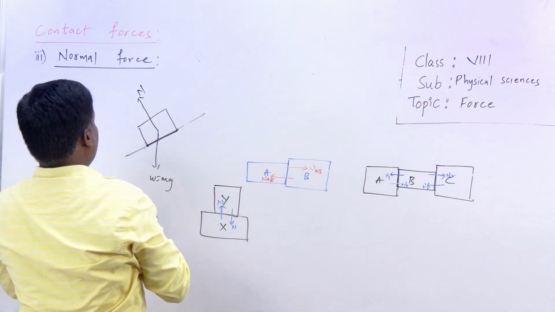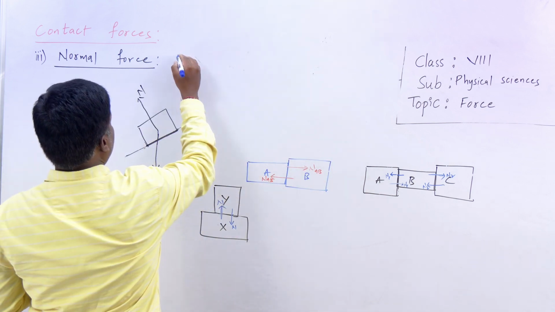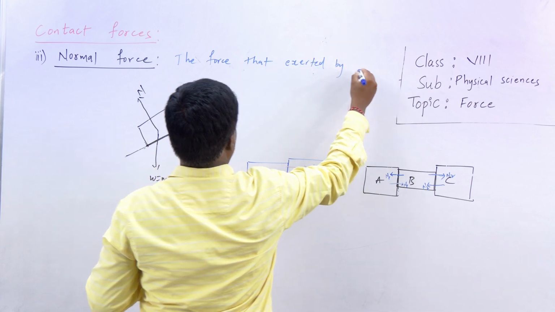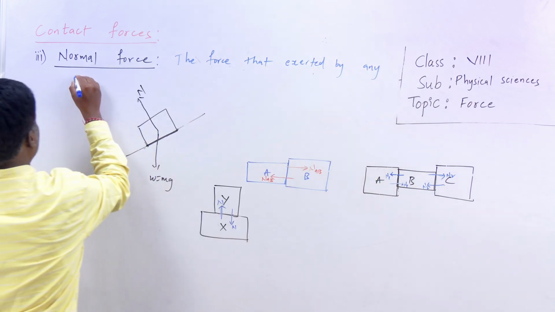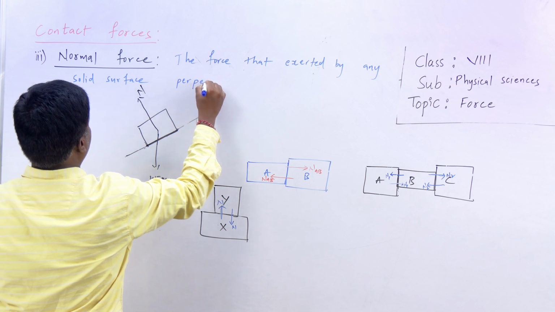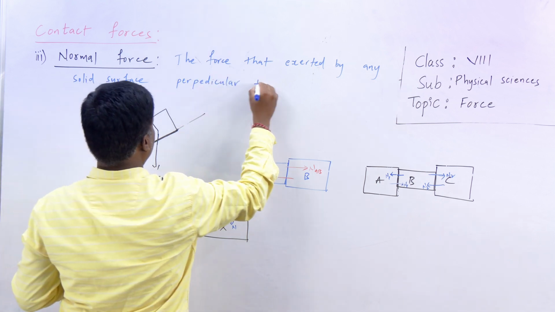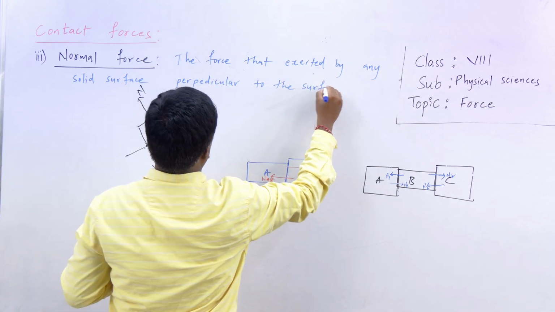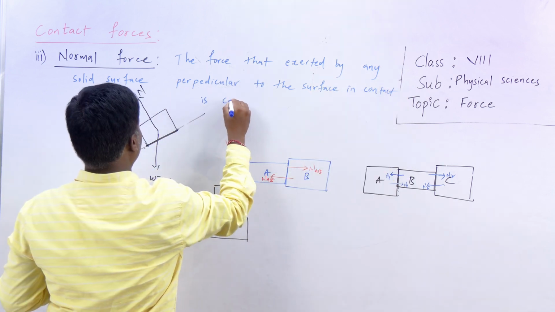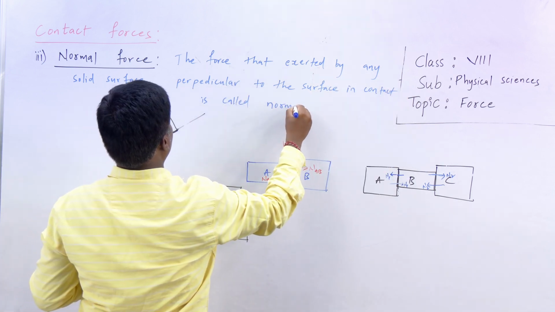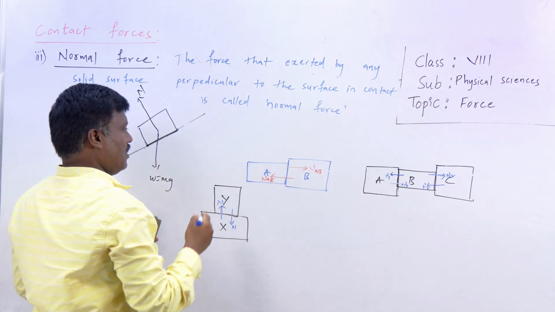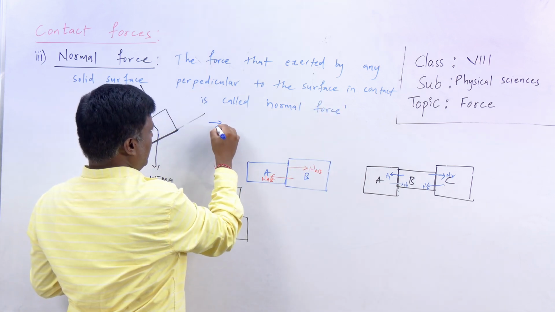How do you define the normal force? The force exerted by any solid surface perpendicular to the surfaces in contact is called a normal force. Okay, so another important point.